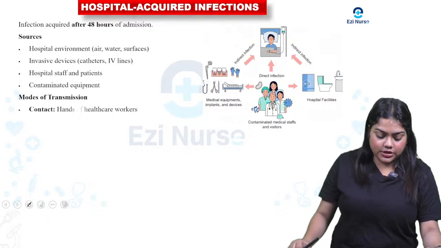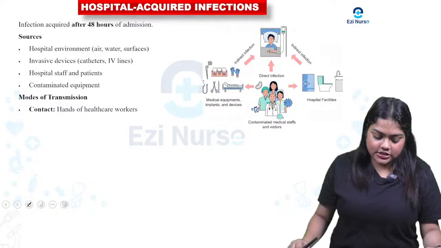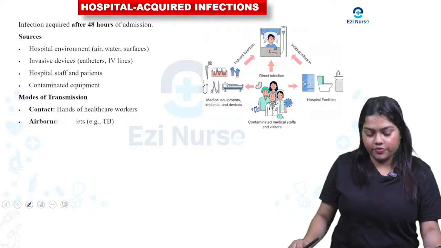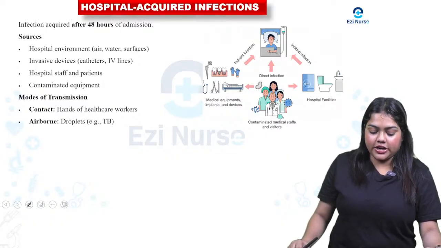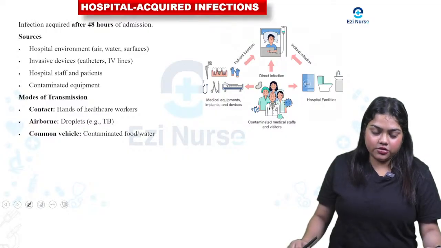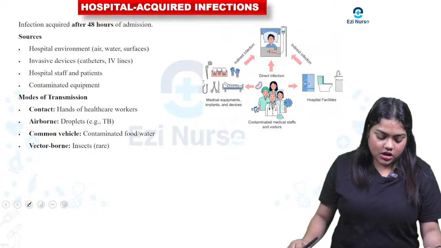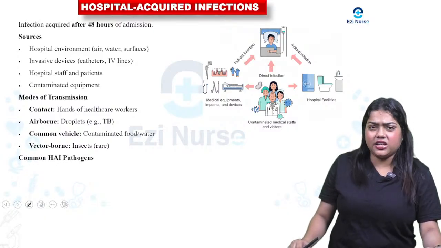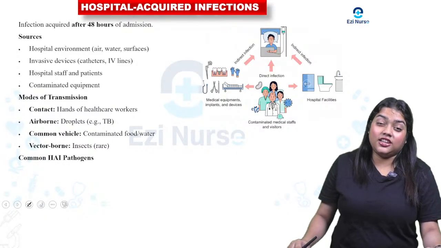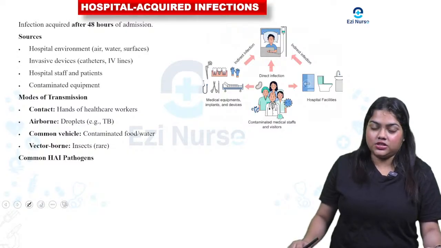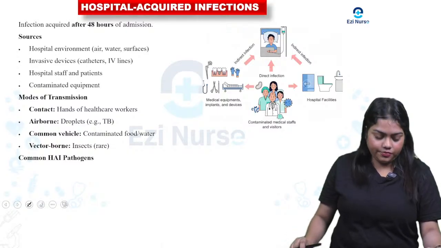Now how will it transfer? It will mainly transfer through direct contact, hands of healthcare workers, airborne droplets like tuberculosis, common vehicles such as contaminated food and water, and vector-borne such as insects, which is very rare in hospitals, though in government hospitals you can obviously see it in some, not all.